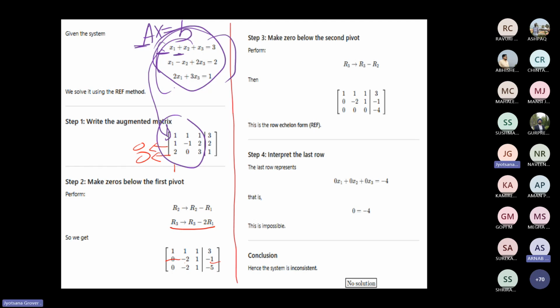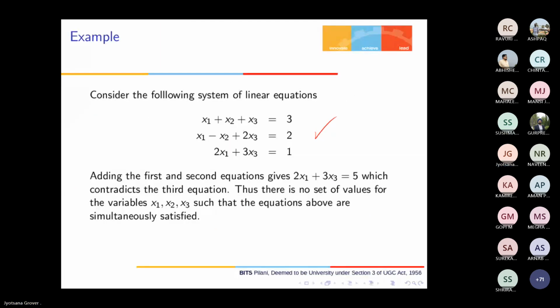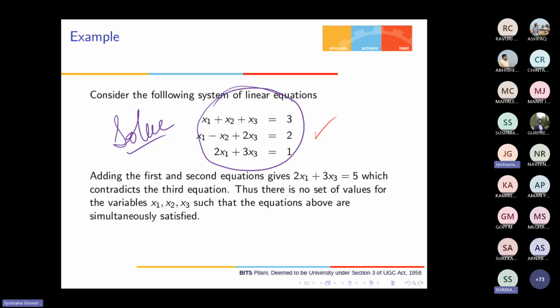No, the question was what are x1, x2, x3? These are unknowns. Solve this system of equations. Solve means find the values of x1, x2, x3 that satisfy these equations.